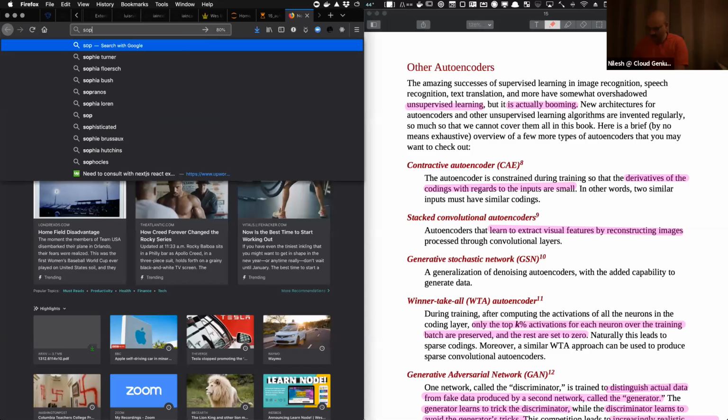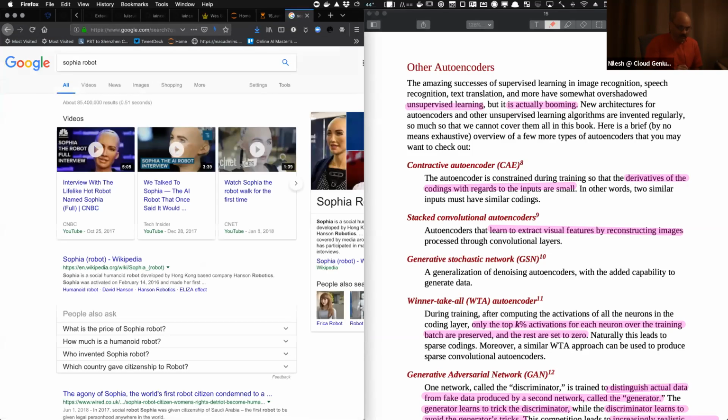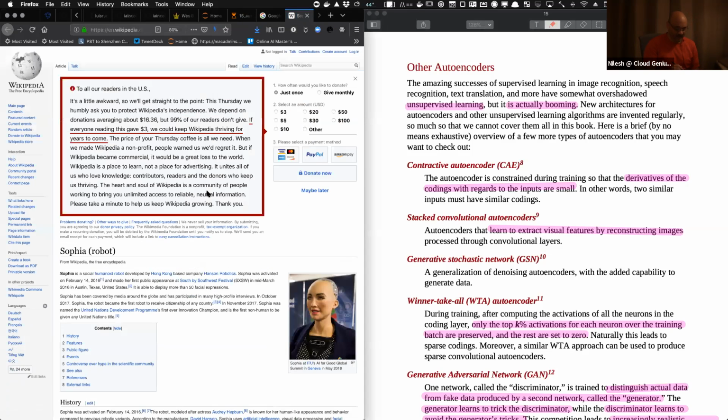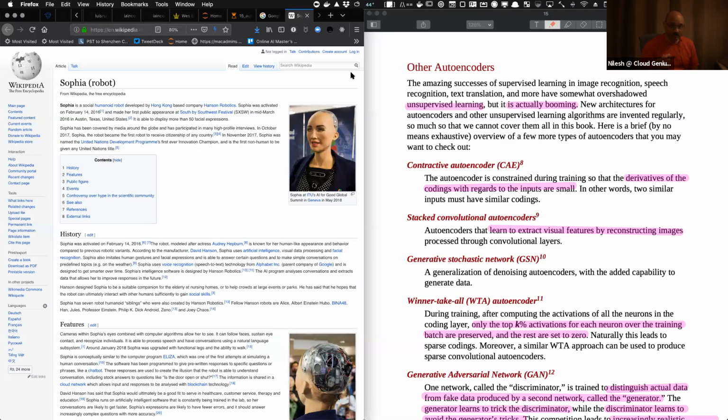Creepy is Sophia. You may have seen her. Sophia the robot. This is what she looks like. And it creeps me out totally. In fact, the problem with this creepy robot is that it is so real. So real that it talks like a human, it acts like a human, and that's what makes it creepy.